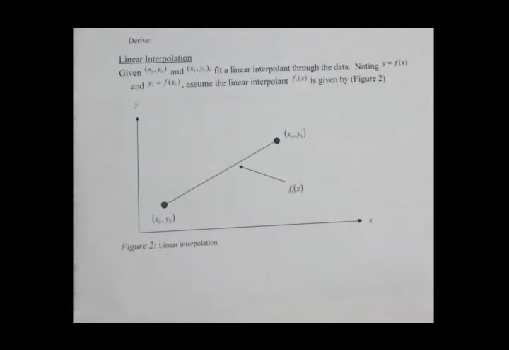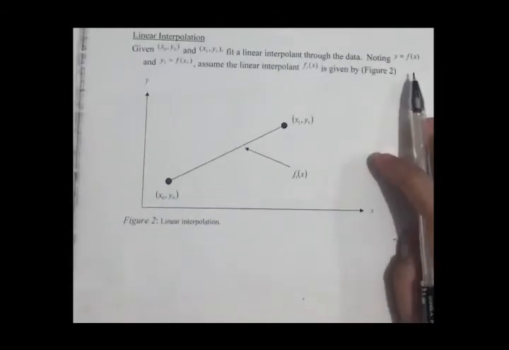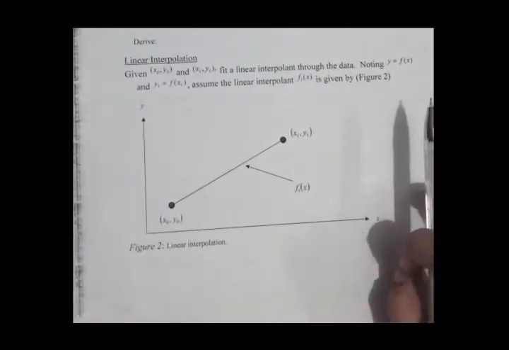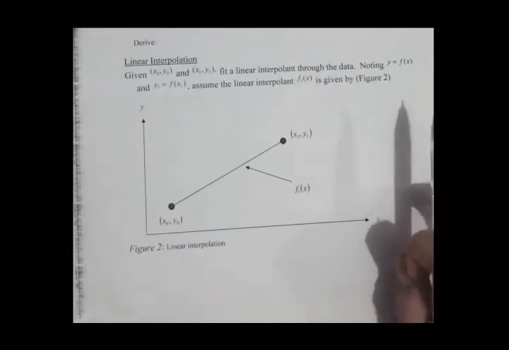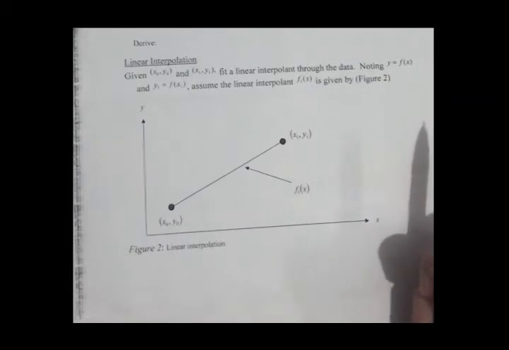Ayun nga, given tayo ng mga points na to, x sub 0, y sub 0, x sub 1, y sub 1. So basically, given din tayo ng y is equals to f of x, and y is a function of x, and given lang din tayo ng terms of y ng x sub 0, x sub 1, so we can call this a discrete function.